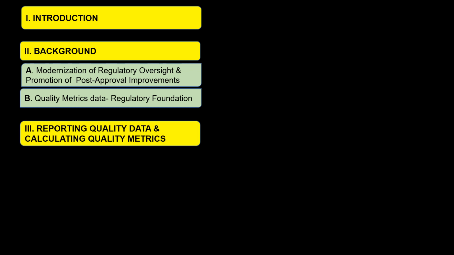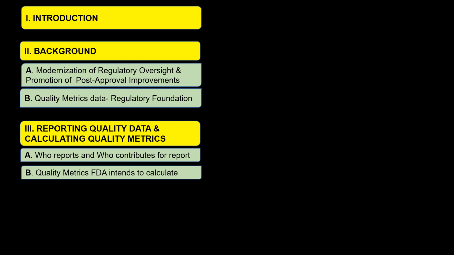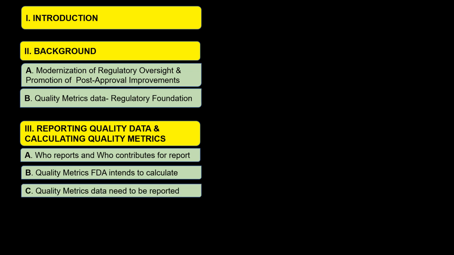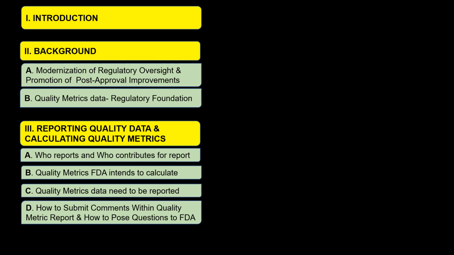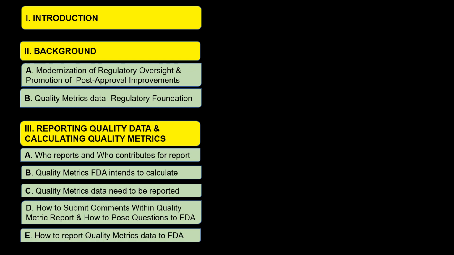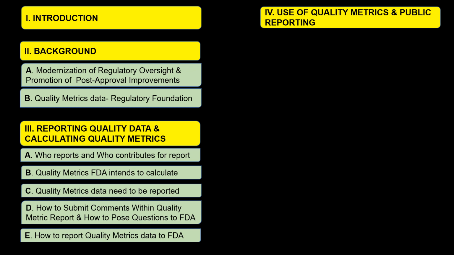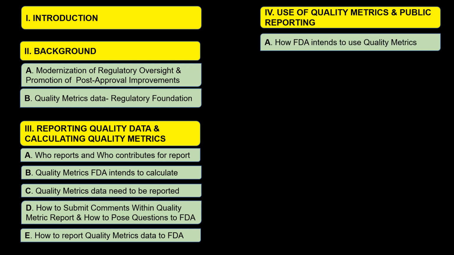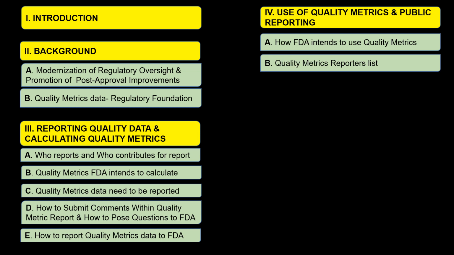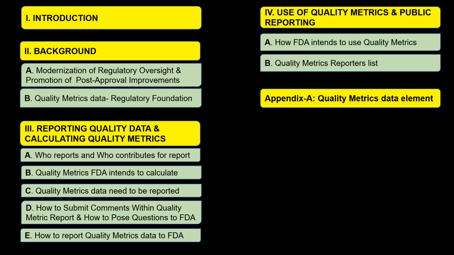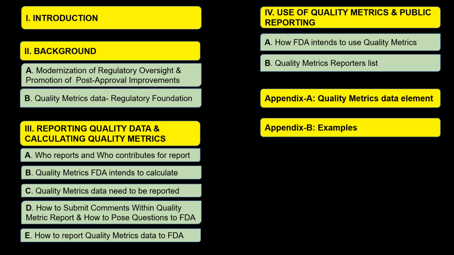It includes reporting quality data and calculating quality metrics, which covers who reports and who contributes to the report, quality metrics FDA intends to calculate, quality metrics data needed to be reported, how to submit comments within the quality metrics report and how to pose questions to FDA, and how to report quality metrics data to FDA. The next part is use of quality metrics and public reporting, how FDA intends to use the quality metrics data, and the quality metrics reporters list. Then it has Appendix A, which includes the quality metrics data elements, and Appendix B, which includes the examples.